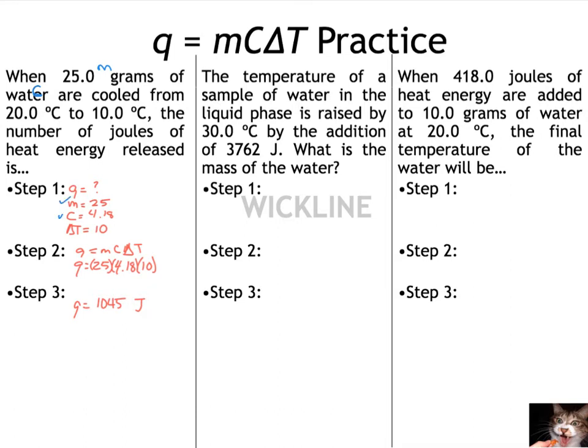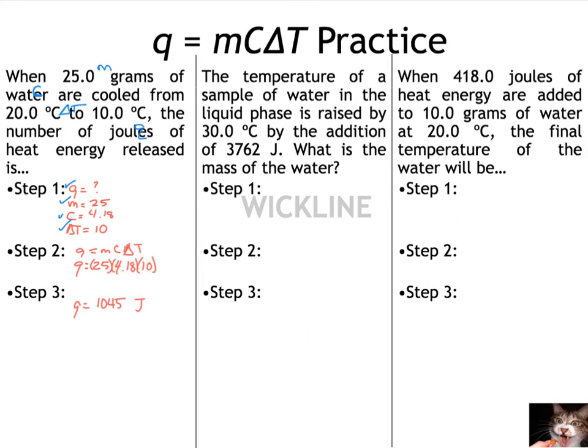And are cooled from 20 to 10, so I know that's going to give me my delta T, so I recorded it there. And then it says how many joules of heat energy are released, so they just talked about Q. So now I know I'm looking for Q. In my next step, all I had to do was write down the basic equation, and it was already arranged to solve for Q, so I just substituted values.